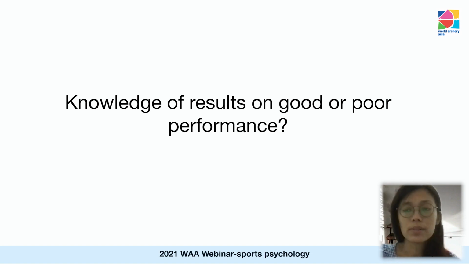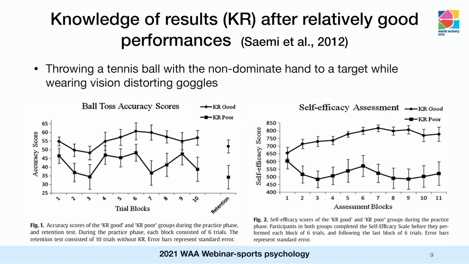Are they different? Okay, in this study, the researchers wanted to know whether this kind of information can affect the learner's learning. So a group of college students were asked to throw a tennis ball with their non-dominant hand. And in order to prevent them from knowing their result of performance, they were asked to wear vision-distorting goggles.